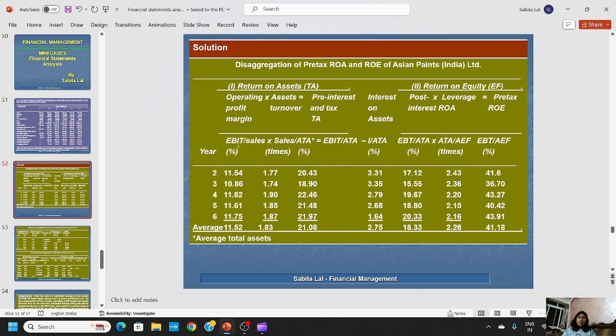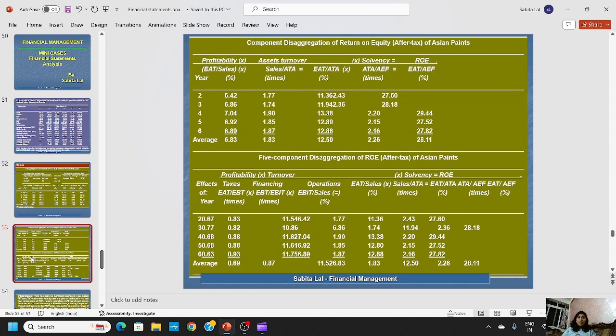So here in the question, EBIT by sales you have to calculate, then sales by ATA, that is equal to your EBIT by ATA, and the same thing you calculate for interest on assets, and so on. So this PPT will help you with how to calculate. That's why I took one mini case, but everything will be given.